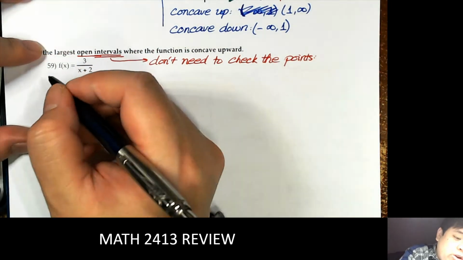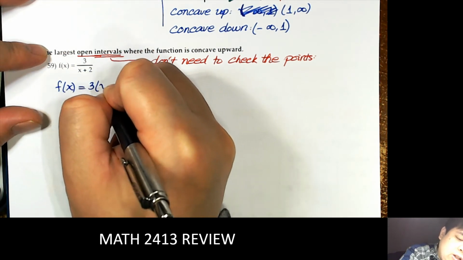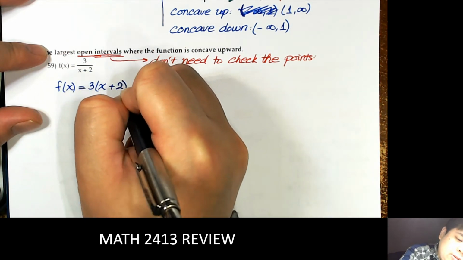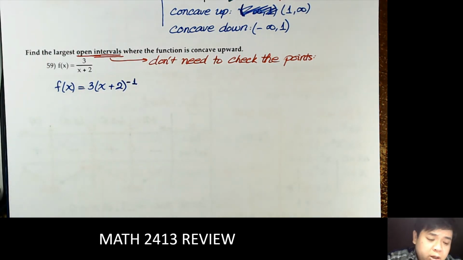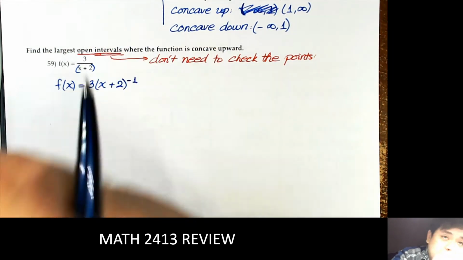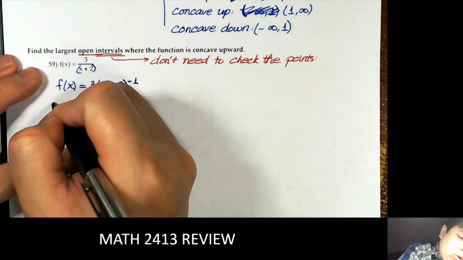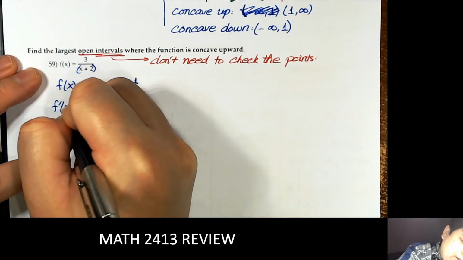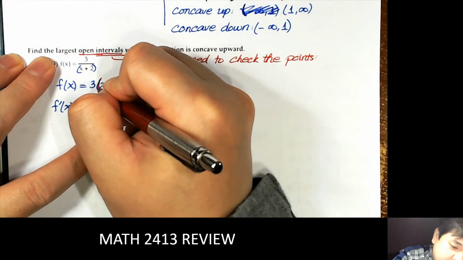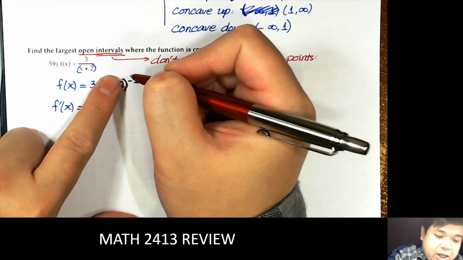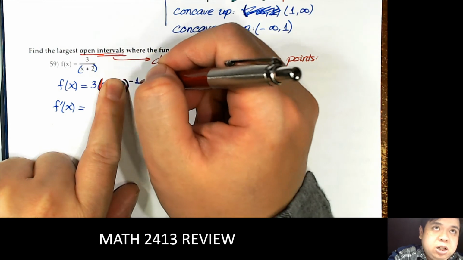Alright, now take the derivative. Instead of using the quotient rule, I will write the function like this: x plus 2 at the bottom, put the parentheses around it, move the whole thing to the top, change the power to negative. Now we take the derivative using the chain rule. Ignore what is inside: derivative of 3 times something to the negative 1.